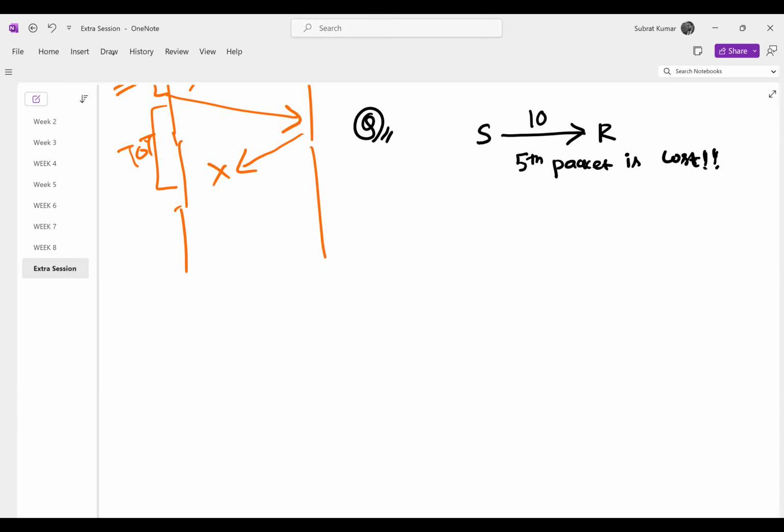So the question is, how many total packets will be retransmitted to transfer all the 10 packets?